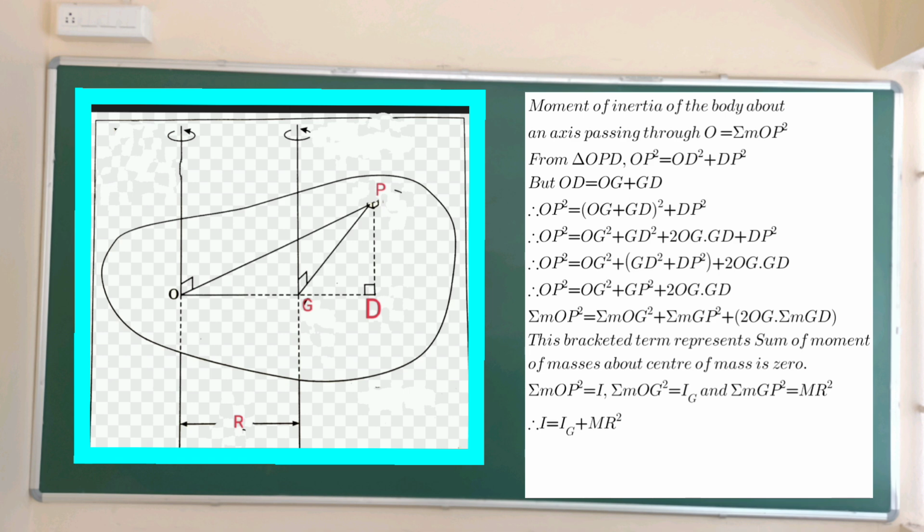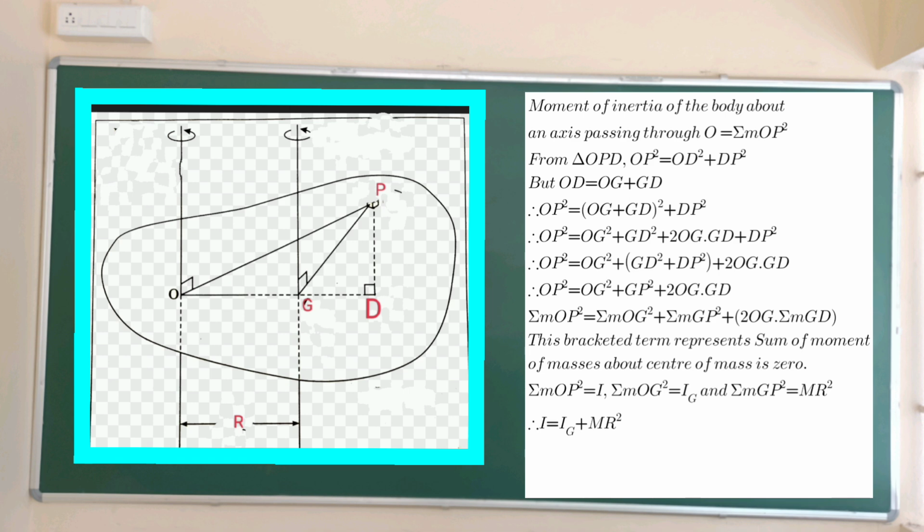Therefore, I is equal to Ig plus M r square, where I is the moment of inertia about any axis, Ig is the moment of inertia about an axis passing through the center of mass, and M is the mass of the body. r is the perpendicular distance between these two parallel axes.